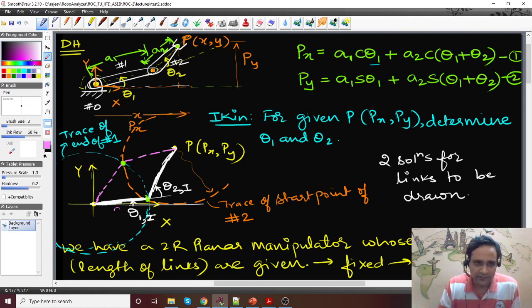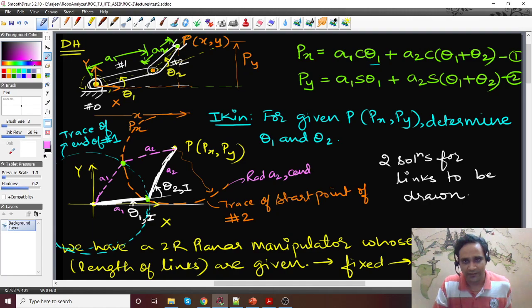So please remember this length will be A1, this will also be A1 because it is the radius of the first circle. Similarly, the second circle, this will be A2, this will be A2 because that is the radius, right? So this is like radius A2 centered at P. So that is what is the circle.